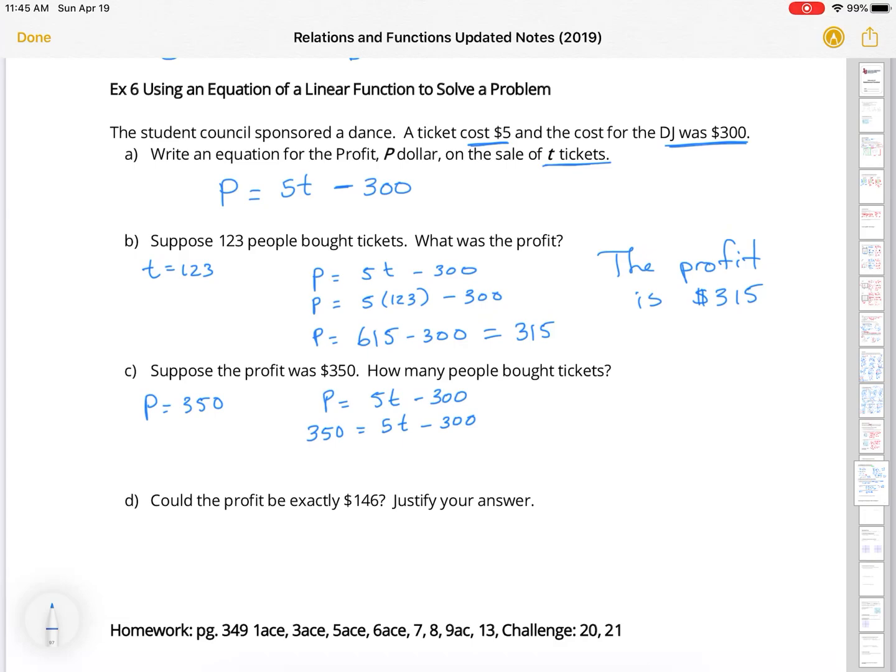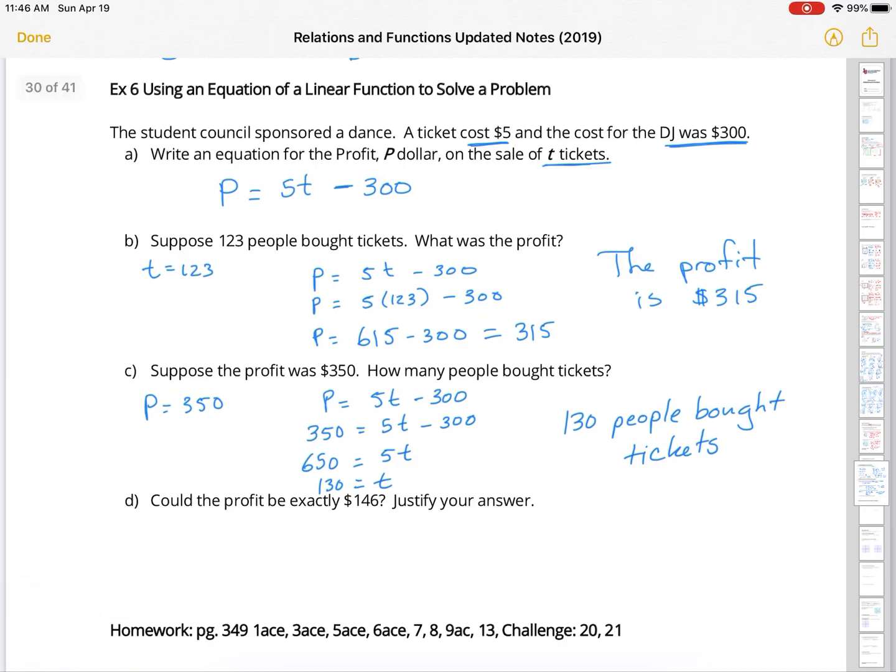And we're going to solve. So we're going to move that 300 over to the other side by adding. So we'll get 650 equals 5t. And then we're going to divide both sides by 5. So we get 130 equals t. So that means that 130 people bought tickets.